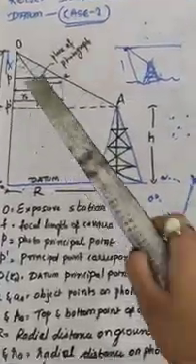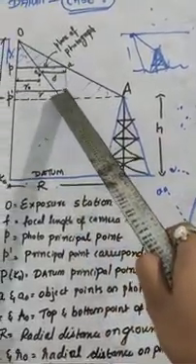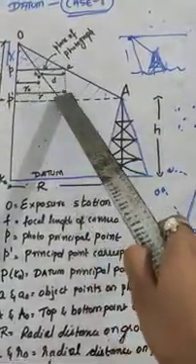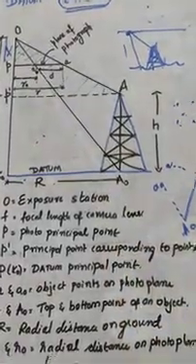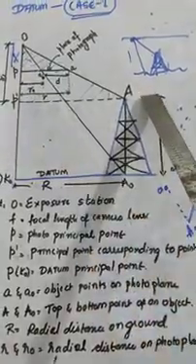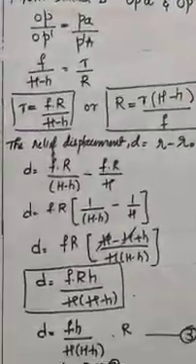PA, this distance P to A, is represented by small r, and P dash A, that distance, is given as capital R. This we have substituted. Okay.